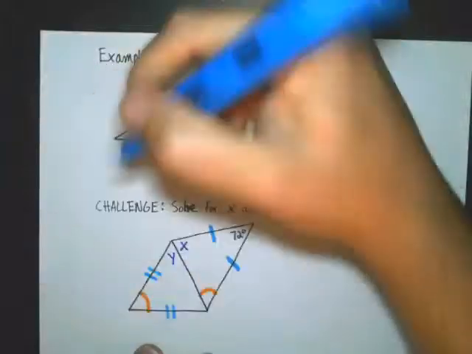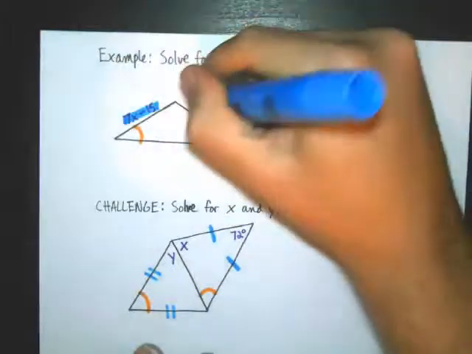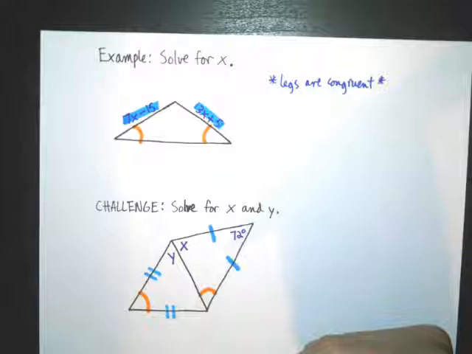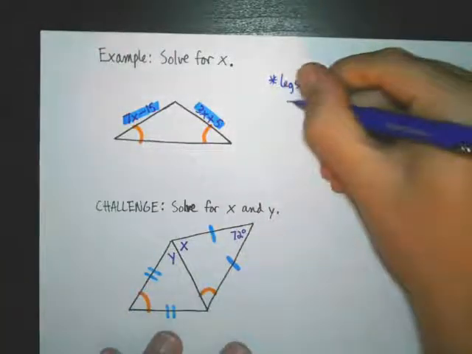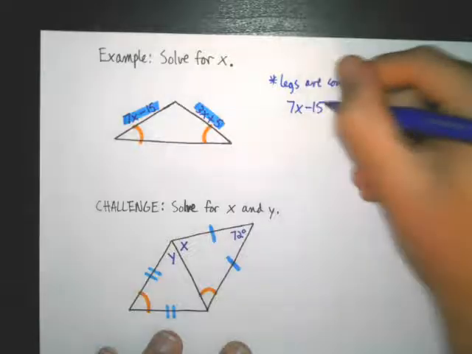The legs in this picture are the ones with 7x minus 15 and 3x plus 5. So since those are congruent, I'm going to put them equal to each other.